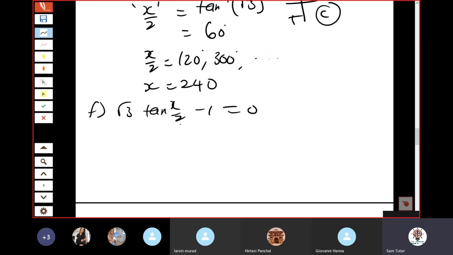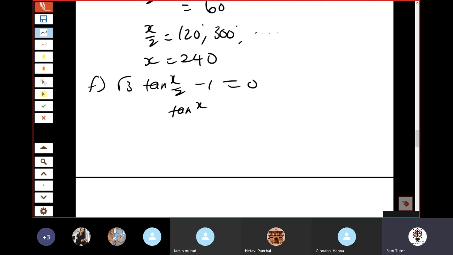Okay, this one, same thing. I can't have the minus 1 here, so I'm going to plus the 1 over. I can't have it multiplied by root 3, so I'm going to divide it by root 3. Inverse tan, 1 on root 3 becomes 30 degrees.